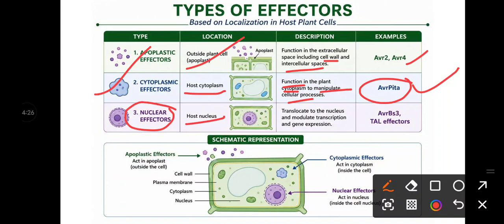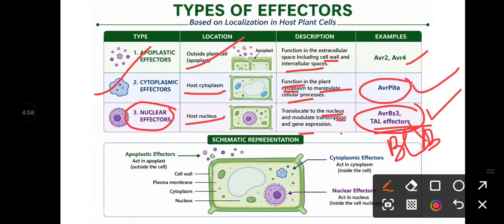When it enters the plant cell, it translocates into the nucleus and modulates gene expression and transcription. Examples are AVR BS3 and the TAL effector. TAL effectors, transcription activator like effectors, are very important. This effector is present in BLB, Xanthomonas oryzae pv. oryzae. This is actually the major virulence factor for BLB.